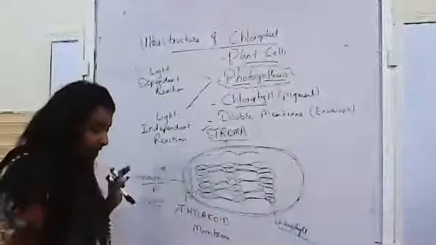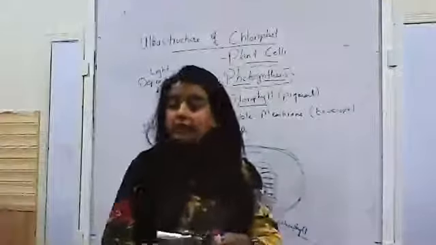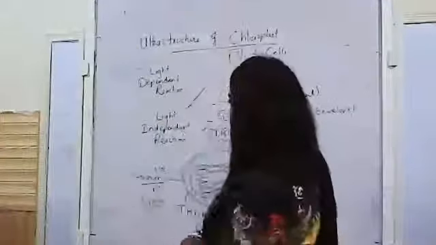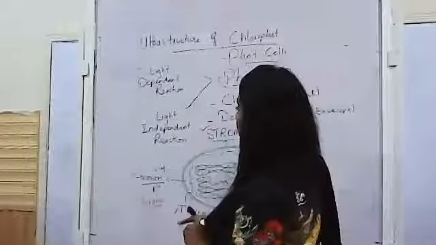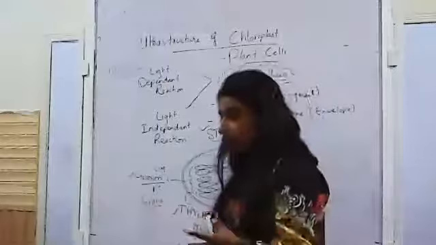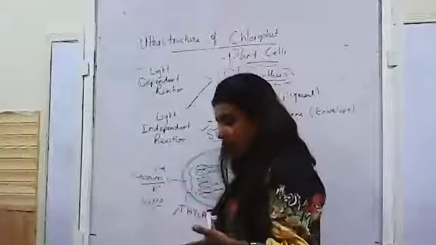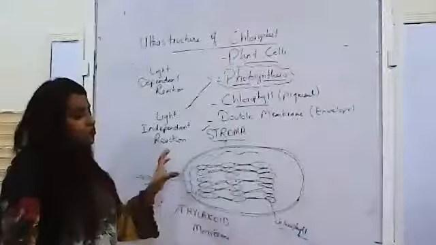So there is a light dependent reaction, and then there is a light independent reaction that occurs inside the chloroplast, right? What are the two reactions? You will be studying in detail in A2. There's a whole chapter on chloroplast, but there are a few things that you need to know now, that you need to make points for yourself now.